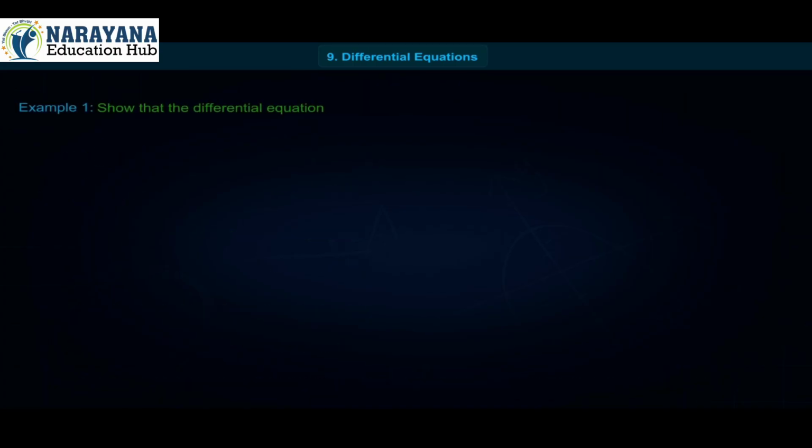Example 1. Show that the differential equation y' = (x + y)/x is homogeneous and solve it. Solution: y' = (x + y)/x. Therefore, dy/dx = (x + y)/x. Equation 1.